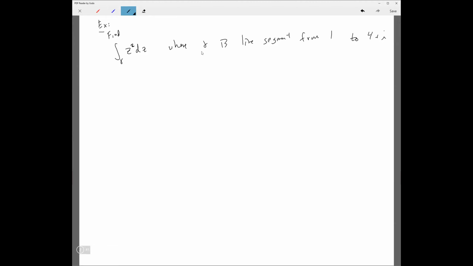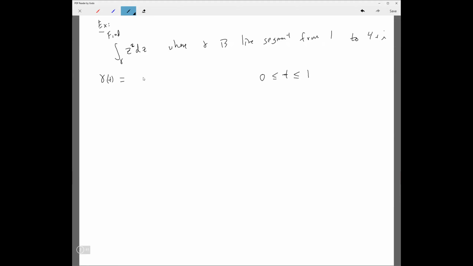So first of all, we have to parameterize the line segment from 1 to 4 plus i. So when you're generally doing something like this, that could be the first step. The gamma of t. So we're going to put in t. And then traditionally, if it's a line segment, I taught you guys that you can make your parameter go from 0 to 1.